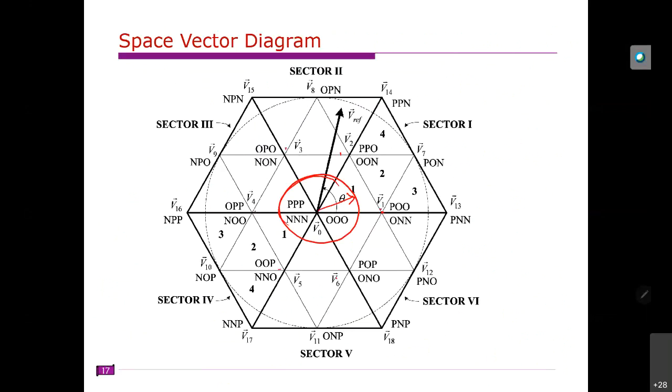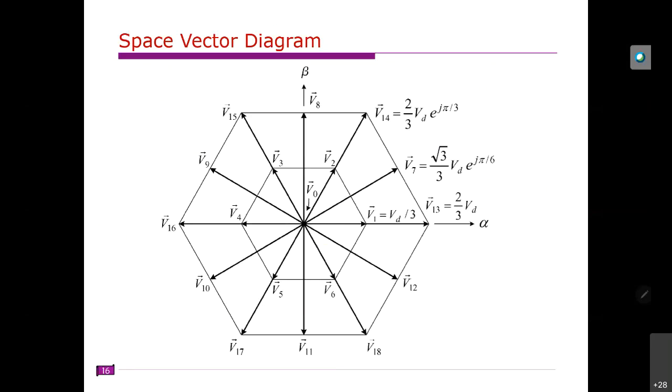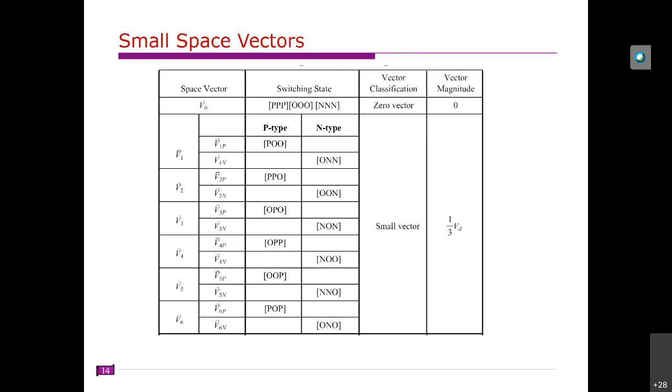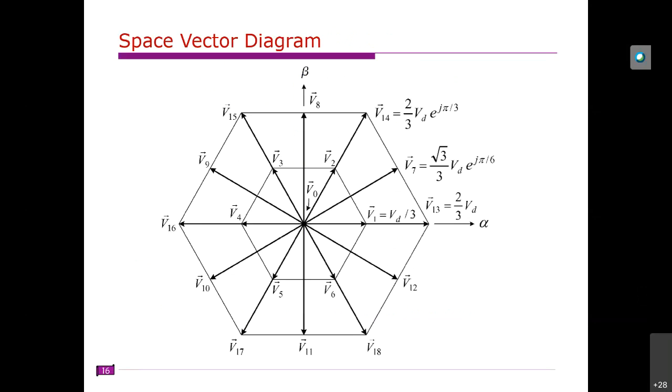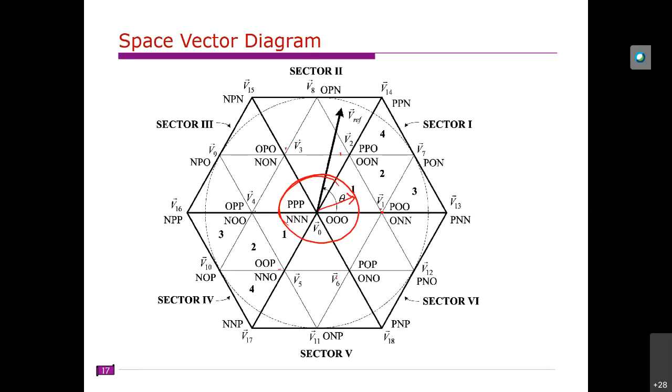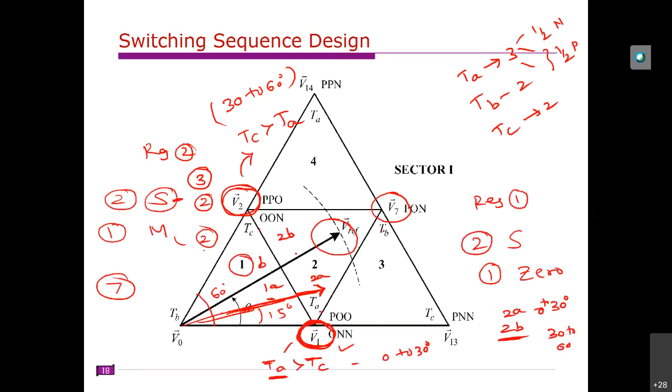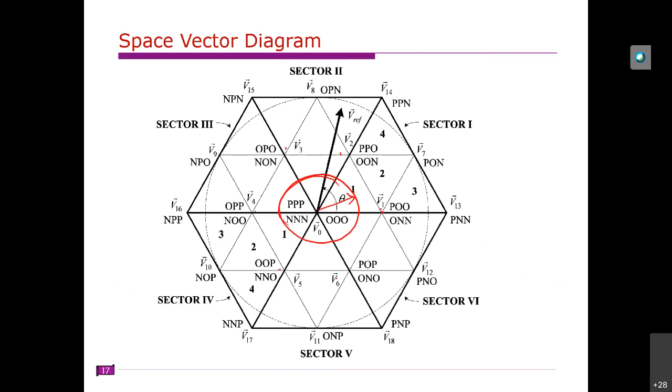In that case, it will never go to the medium or large vectors, so always we have two small vectors. Therefore, under low modulation index, this capacitor voltage problem will be more visible. In this case, you can only implement V1, V2, V3, V4, V5. So we need to divide 1A, 1B, 2A, 2B, 3A, 3B, something like that. We need to divide each sector, right?